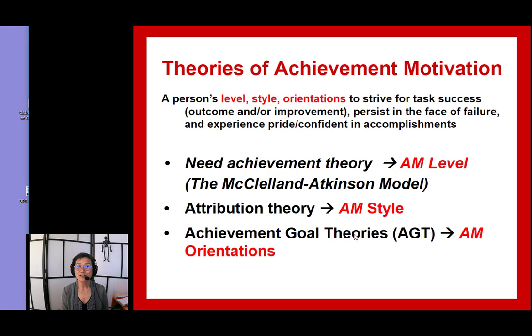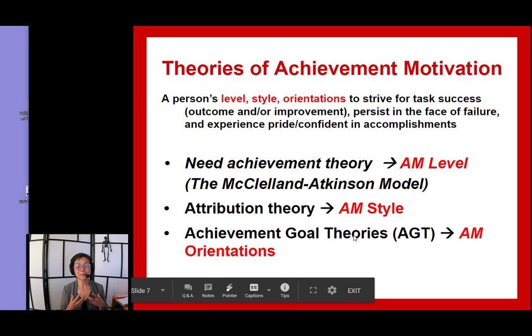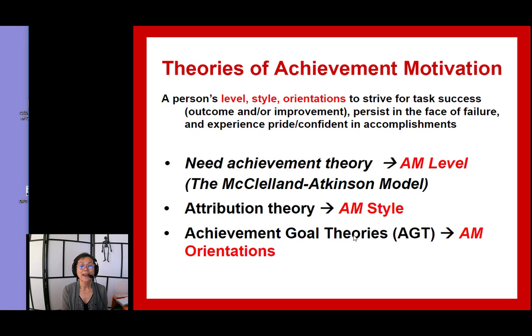One is need achievement theory, which in the more academic scholarly field they call the McClelland-Atkinson model, and that determines achievement motivation level. Another theory is attribution theory, which determines attribution and achievement motivation style.